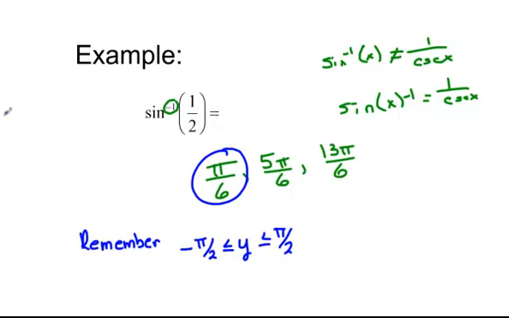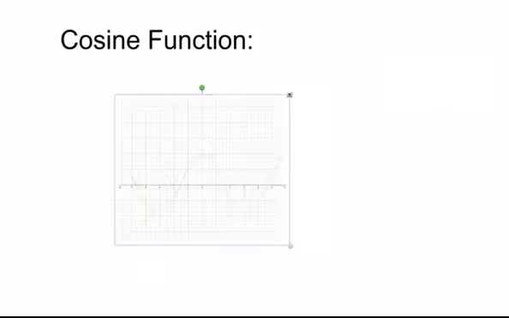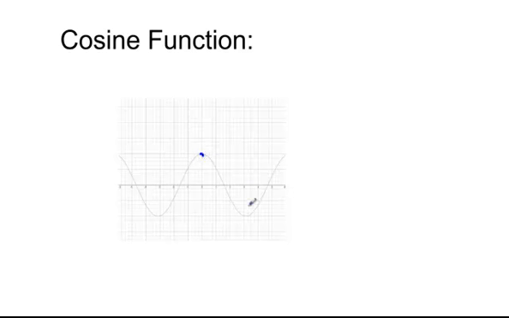Let's take a peek at the cosine function now. We're going to do the cosine function in a similar manner, only the difference is the fact that we're going to run the cosine function from 0 to pi. So this function here.